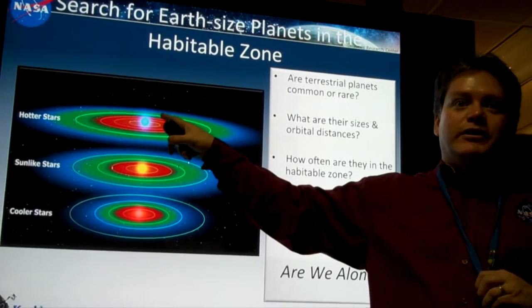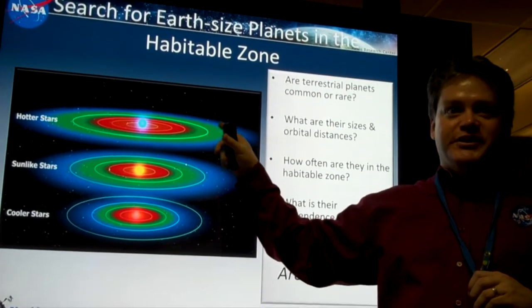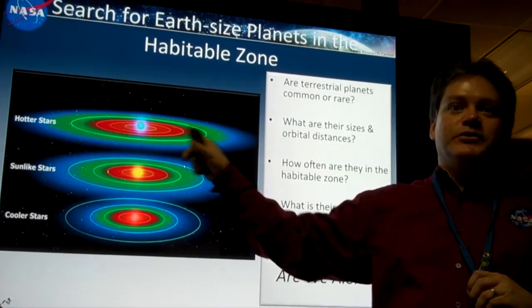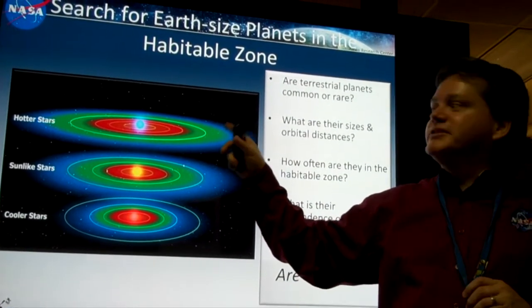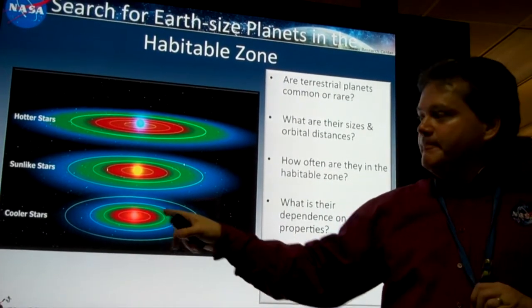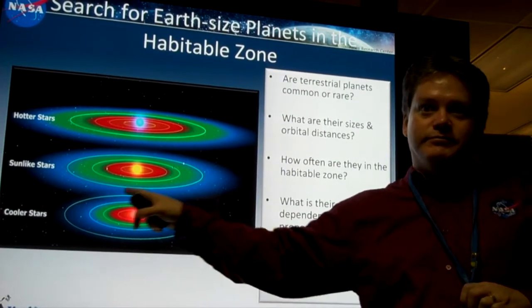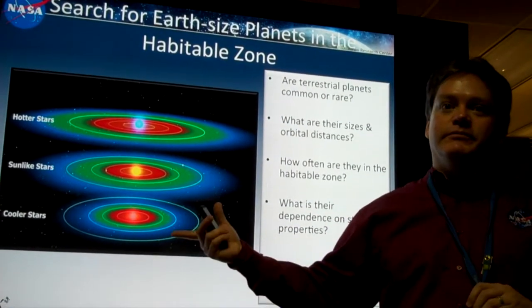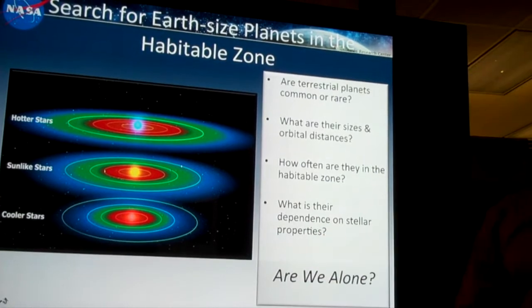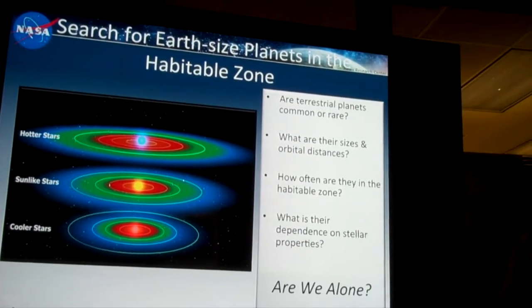These big hot stars may be towards the end of their life, and therefore, while their habitable zone is here now, it used to be here, so there hasn't been enough time for planets to evolve around these types of stars. And similarly for these cooler stars, there's a lot more radiation when you're this close to the star, so, as far as we know, that's not conducive to life. So we're primarily focused on this, but we're looking for anything we can find in our field of view.